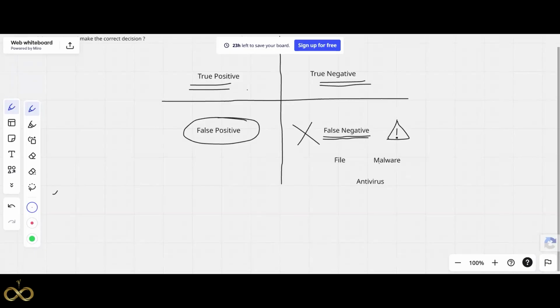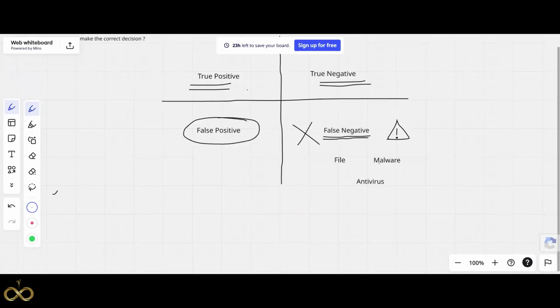Next question, okay? An antivirus detects a virus. After investigation, the file was actually malicious. Which situation is this? True positive. Okay, next question.